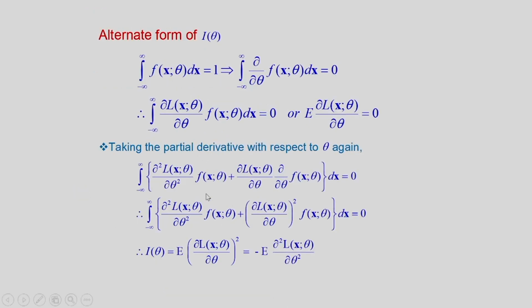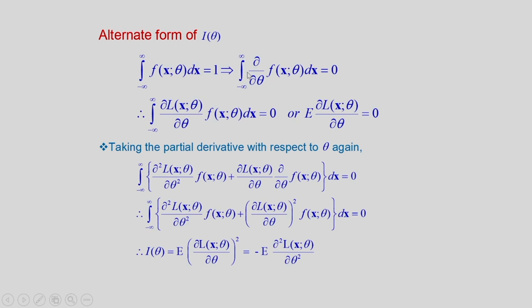Now, we know what I(theta) is, but there is a better algebraic expression for I(theta) that we can derive now. The integration of f dx is equal to 1: the joint PDF, the likelihood function, integrated with dx must be equal to 1.